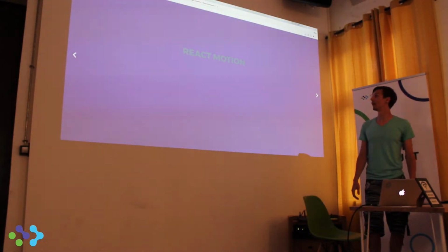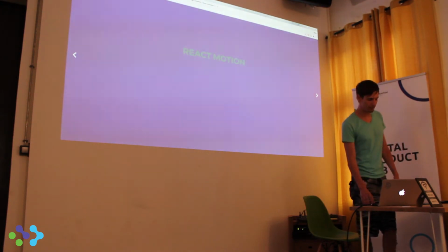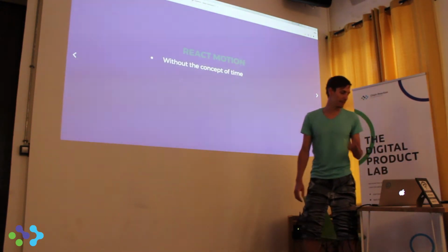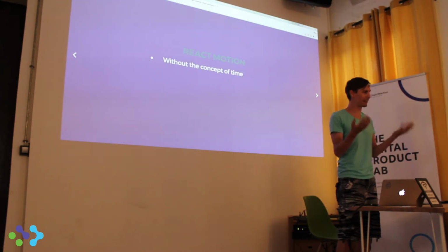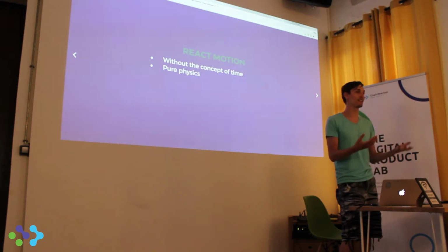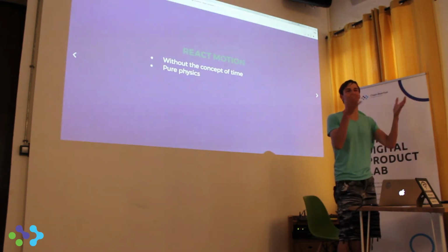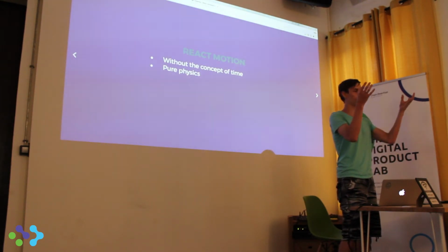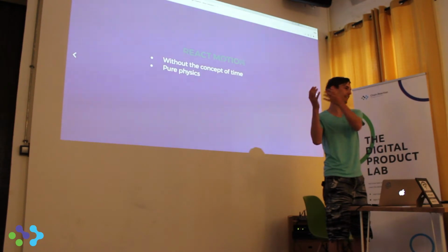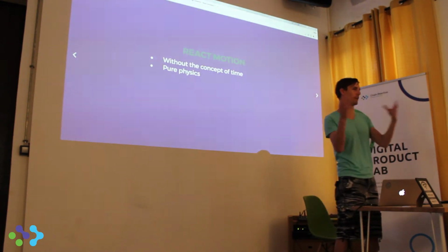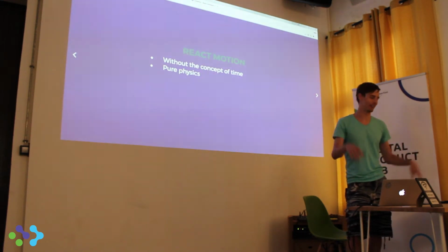React Motion, not that good looking in this kind of setup that I chose. React Motion actually doesn't have a concept of time. It's purely physics based, so you don't need to set the time of an animation. You will just set a mass and some forces on it, and the gravity and physics will do the rest, and the animation will be nice and flowing.